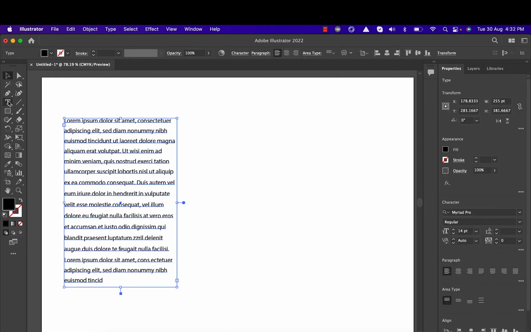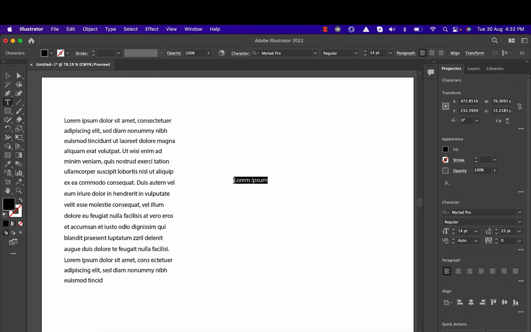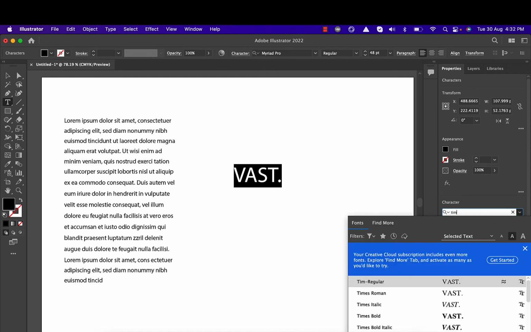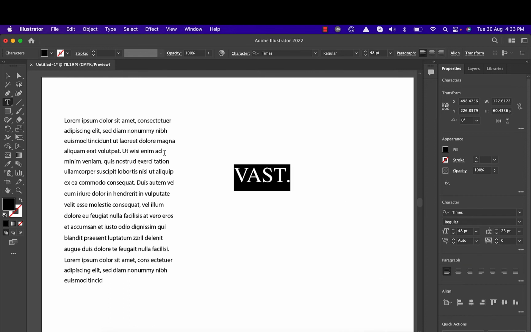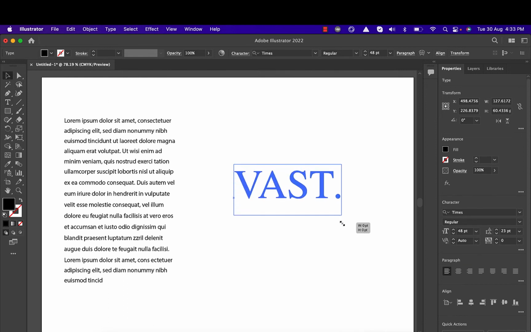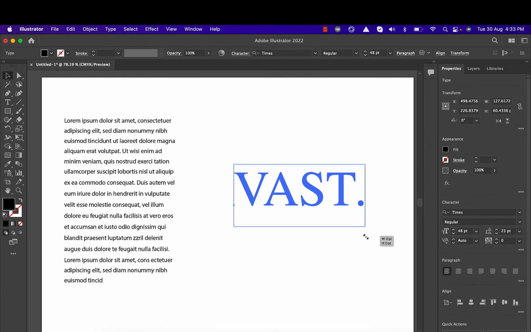Let's talk about kerning and tracking. I will type the same name, Vast, which we have in our presentation. I will increase the font size a little bit so that you guys can read, and I will choose the font Times New Roman. Serif, okay. It's a very minute detail, but let me check.